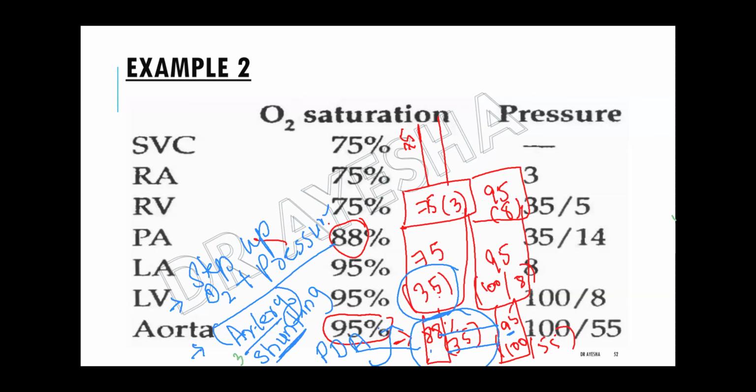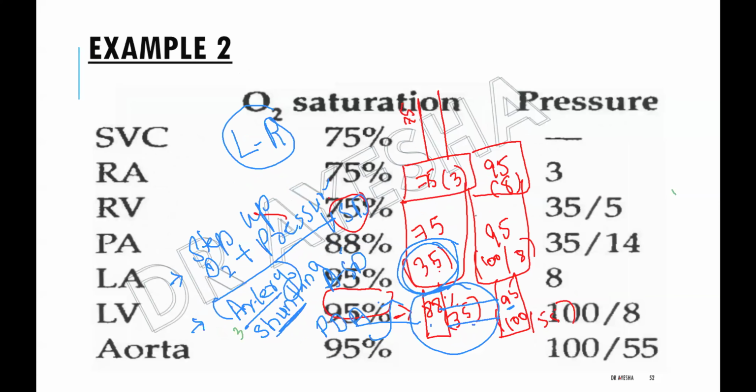So PDA, ASD, VSD all are associated with left to right shunt. That is why you have high pressures in the ventricle as well as the pulmonary artery. These high pressures also are explained because it is a left to right shunt.